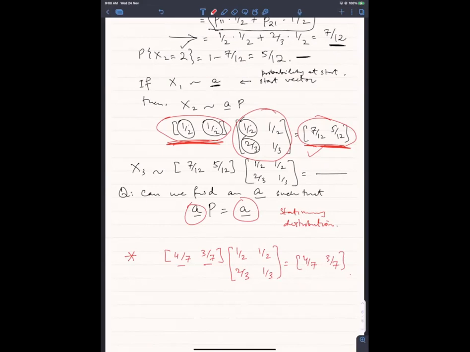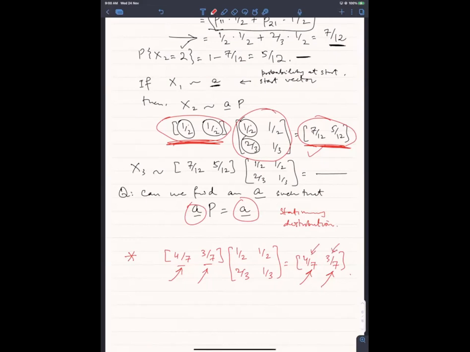Aha, इसका मतलब है कि if you started off with probability of being in state 1 to be 4/7 and in state 2 with 3/7, तो एक टाइम गुजरने के बाद भी आपके पास यही आएगा. 2 टाइम गुजरने के बाद क्या होगा, सेम. 3 times, same. If you stay there for 100 time units, your probability is going to remain the same.